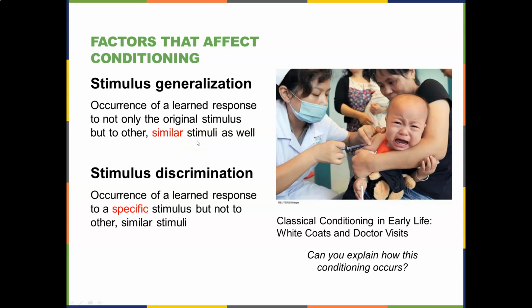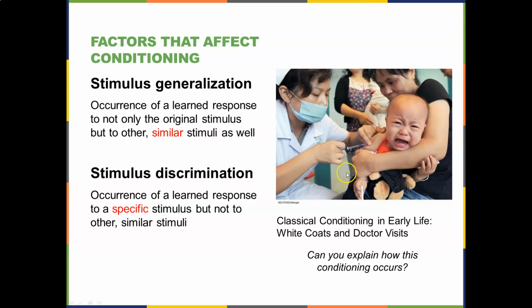I know that sounds a little complicated, but if you look at this picture right here, you see that the baby is crying because it is feeling the shot, but it's also learning to respond eventually to the visual observation of a nurse or a doctor with a white coat coming in.